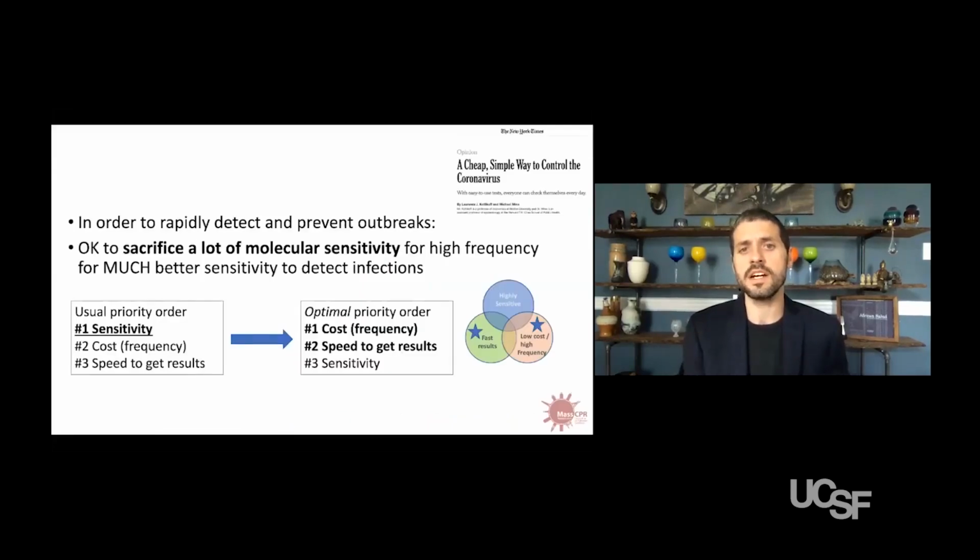And so to really prevent outbreaks across the population, these results suggest to us that it's more than okay to sacrifice molecular sensitivity for high frequency testing, which would ultimately be much, much better to detect infections. And so I think that we should really start prioritizing cost and frequency much more so than sensitivity in terms of the tests that we're deploying.